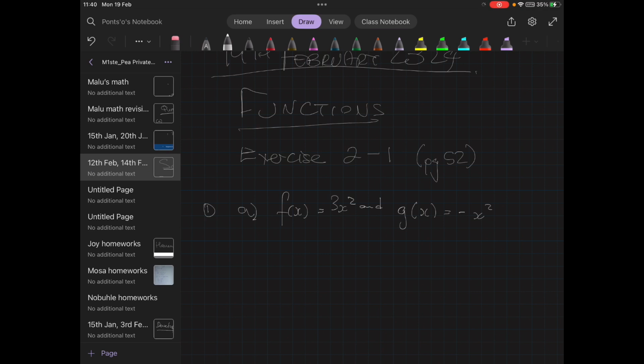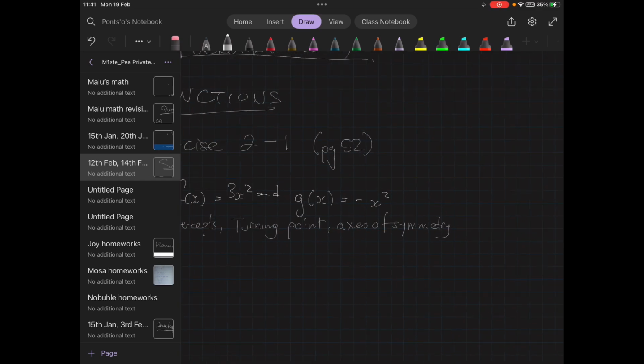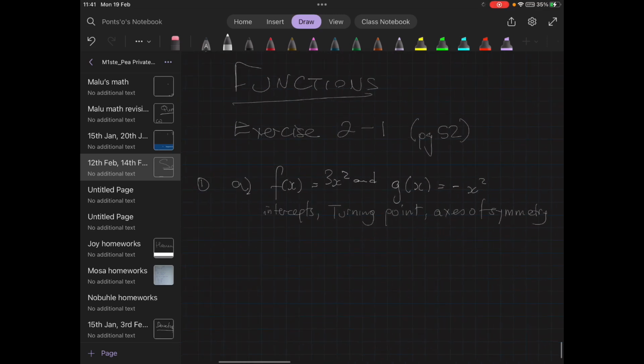And we must find the intercepts, turning points, axes of symmetry, domain and range, and maximum and minimum values.